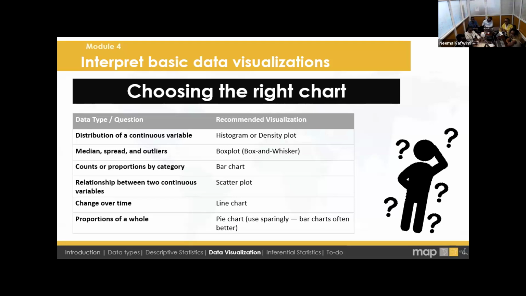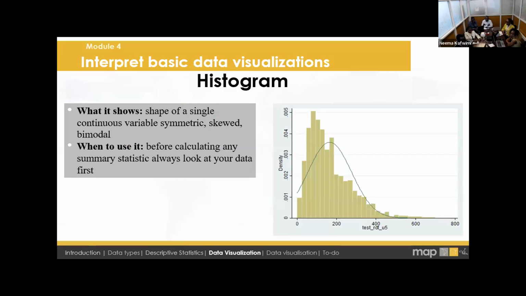The bar chart is a very good tool that helps you visualize counts and proportions by categories, by groups. We use scatter plots to identify if there is any relationship between two continuous variables. Mostly when you're looking at your data over time, you use a line chart. And for proportion of a whole, you'll use a pie chart to better understand your data distribution.